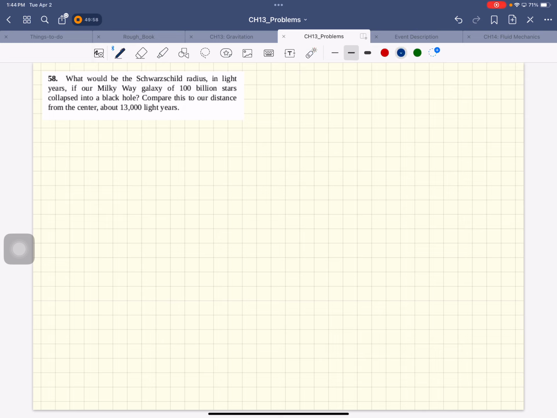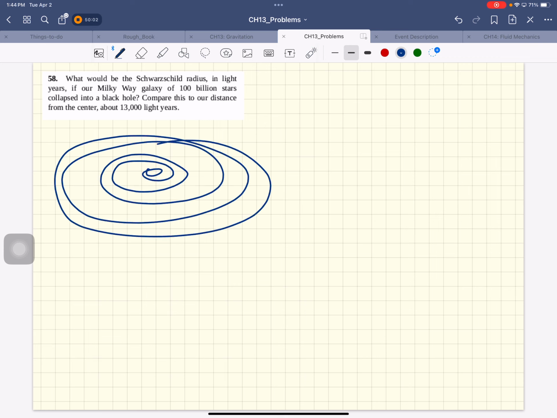Okay, so you guys know the size of our galaxy. It's about 100,000 light years, and its mass is 100 billion solar masses.